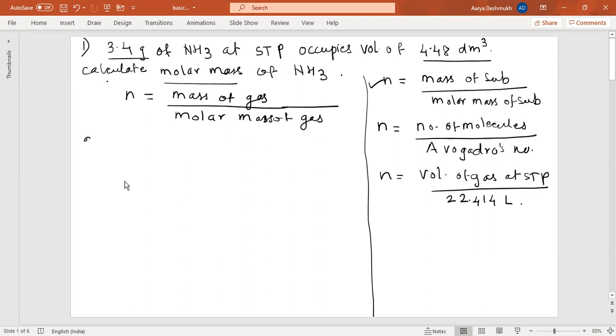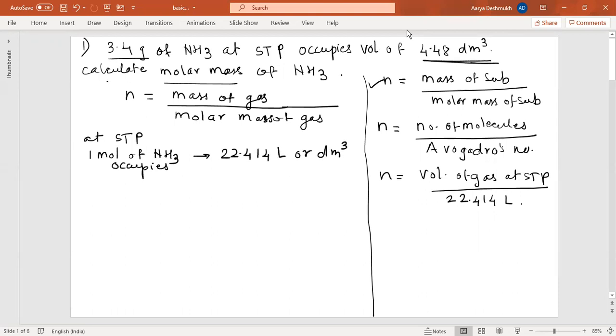Now at STP, it occupies 4.48 dm cube of volume. So at STP, 1 mole of ammonia occupies 22.414 liter or dm cube, isn't it?